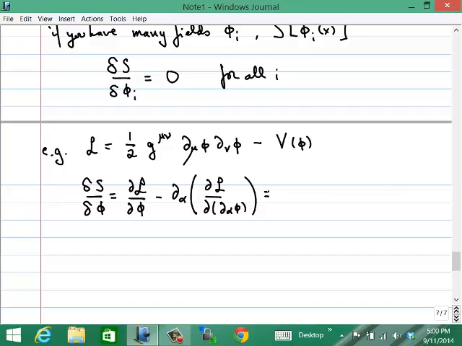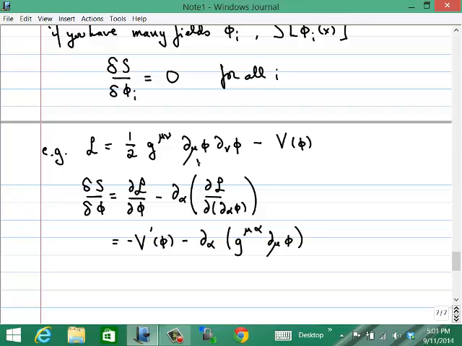Well, for this Lagrangian, ∂L/∂φ is just minus V', the derivative of V with respect to φ, and then minus ∂_α of the derivative of the Lagrangian with respect to the derivative of φ. And if you think about it for a second, that's just g^{μα} ∂_μφ with no 1/2, okay? Because there are two terms.